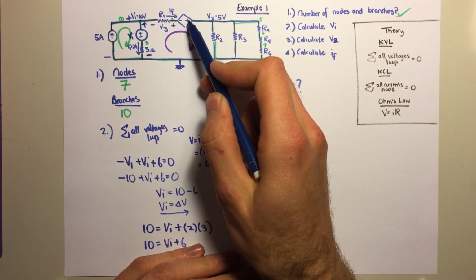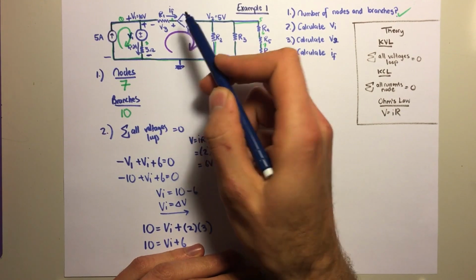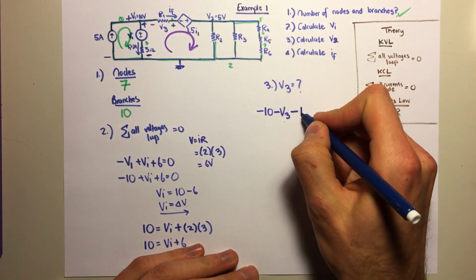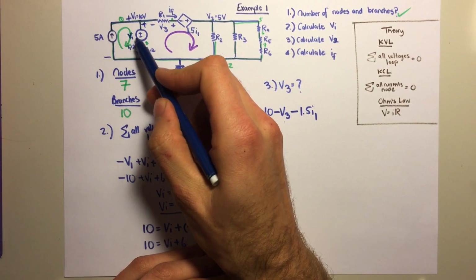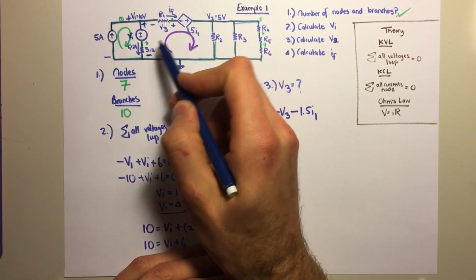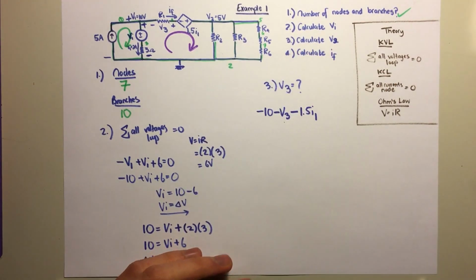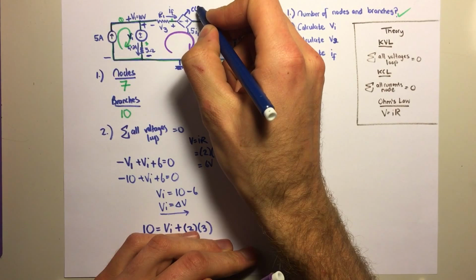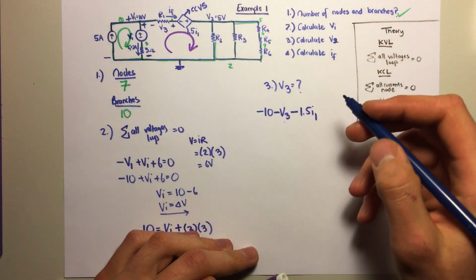The voltage across this source is 1.5 I1, and we're approaching it from the negative side, minus times 1.5 I1. I1 we know is 2 amperes, is 3 here, so we're just going to multiply it because it's dependent.